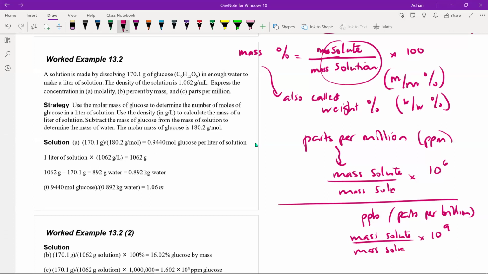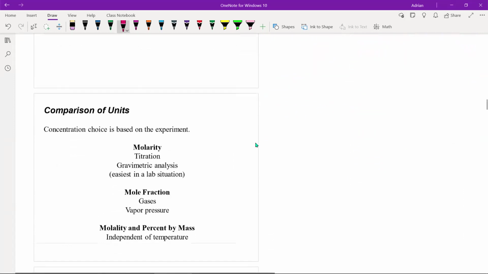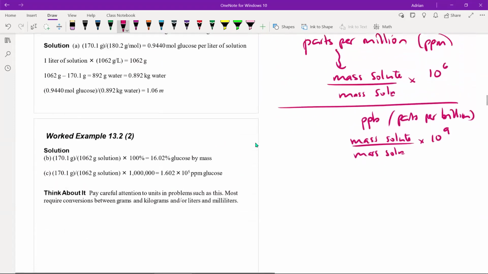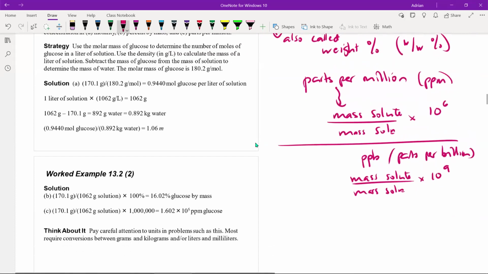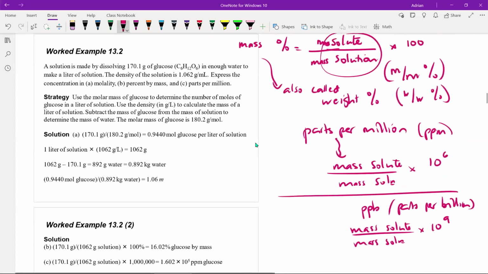All right, let's take a look at some calculations now, because this is kind of what we're trying to get at here. So let's select an example. It says a solution is made by dissolving 170.1 grams of glucose, and I'll give you the chemical formula, in enough water to make a liter of solution.